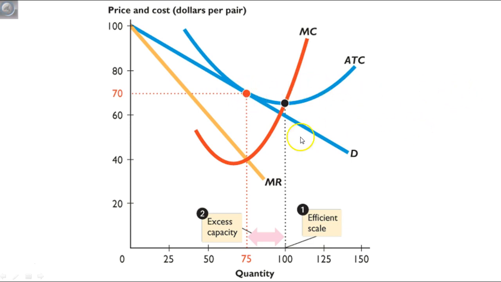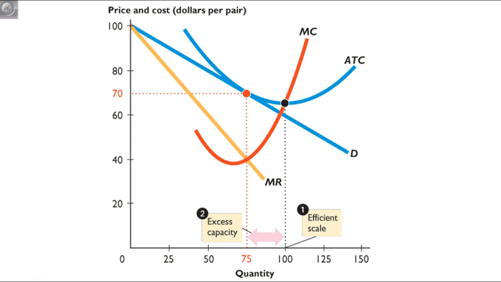But even when it's breaking even, and producing the largest amount it can at the lowest possible cost it can given the demand for the product, there's still excess capacity. That is, we say it's not producing at its productively efficient scale.